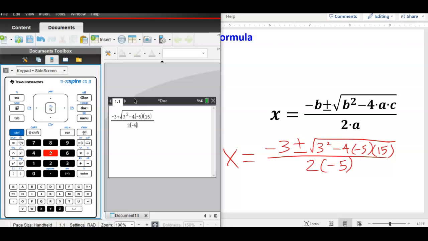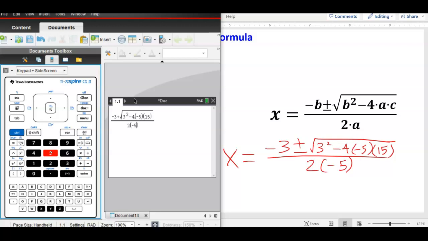Correction on it. Everything's supposed to be inside the square root sign. Just make sure everything stays under the square root sign.